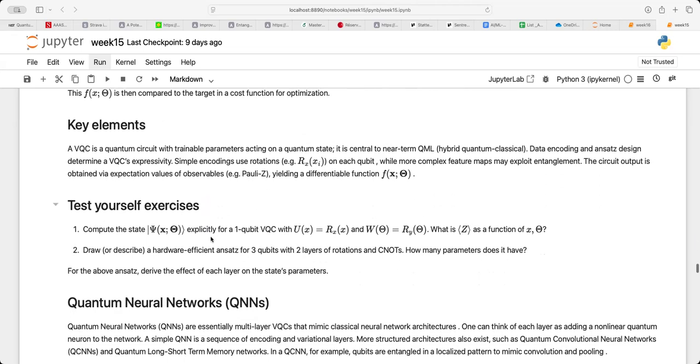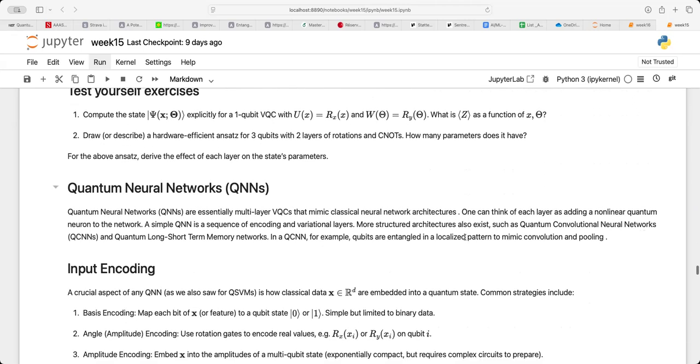I put in some exercises here. Just compute the state for a 1-qubit circuit: you define an Rx and then an Ry as a function of theta, and then calculate the expectation value of Z. This is actually what you did in the VQE implementation, so it's not that different.